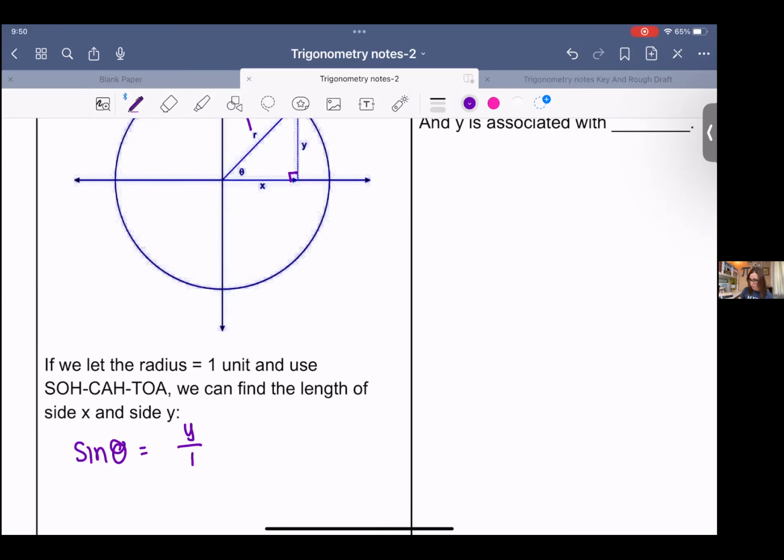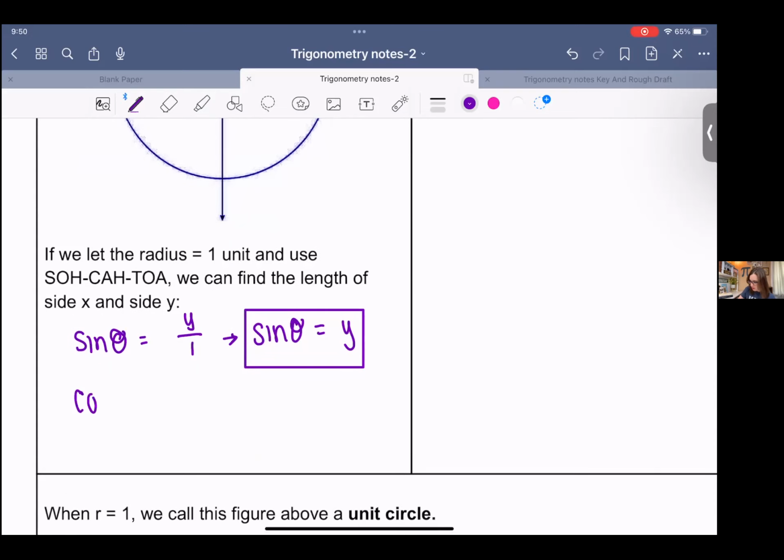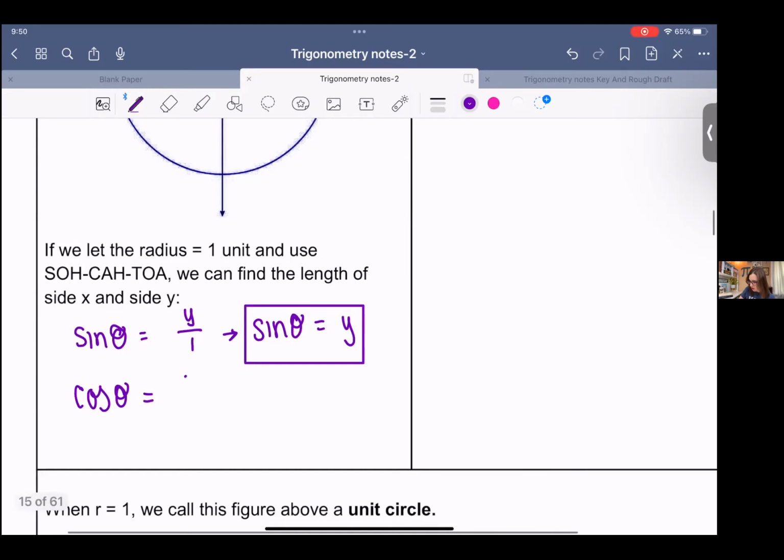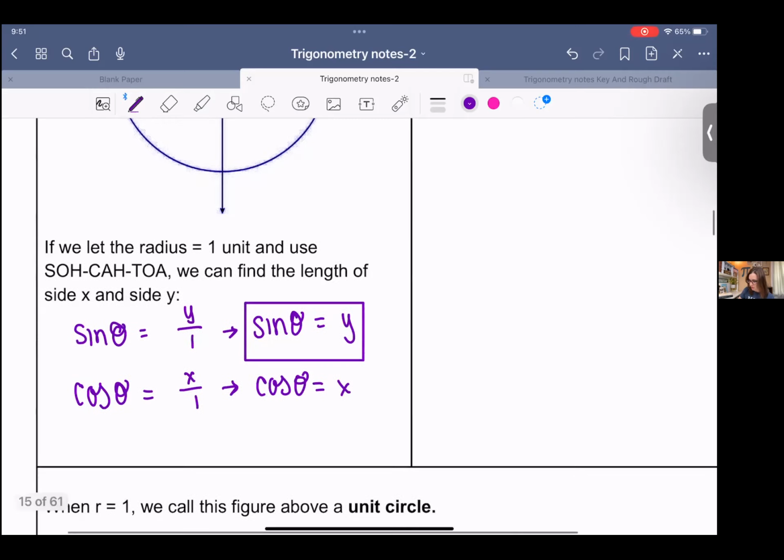And then Y over 1 is just Y. So I can say that Y equals sine theta. And then if I wanted to find X, I'm going to use cosine theta because X is adjacent. So we do adjacent over hypotenuse, simplify, and cosine theta equals X.